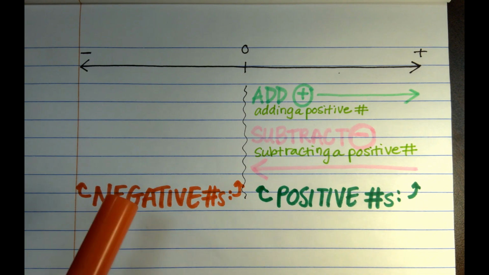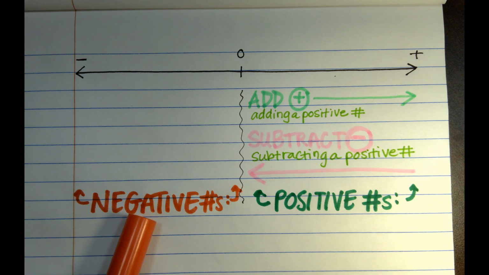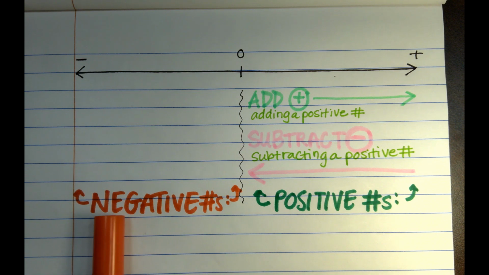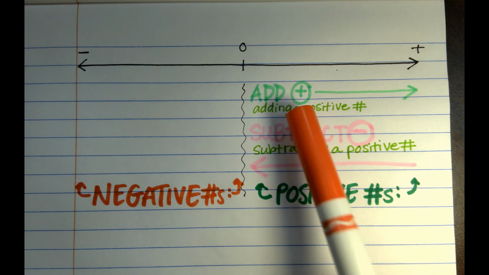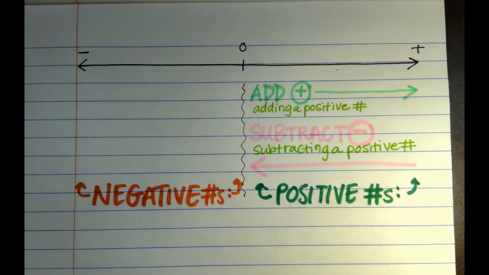So remember, negative numbers are literally the opposite of positive numbers. So whatever you would normally do for a positive number, a negative is going to do the opposite. So when I add a positive number, I go to the right. What do you think happens when I add a negative number? You're going to the left.